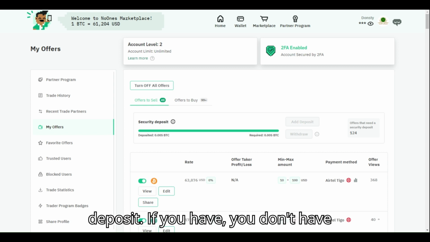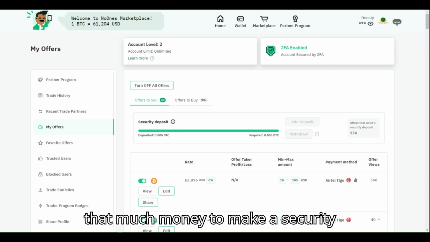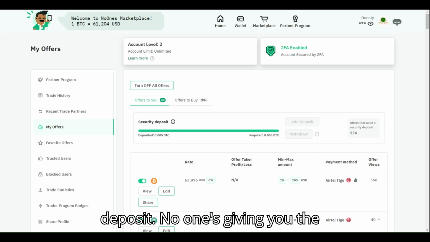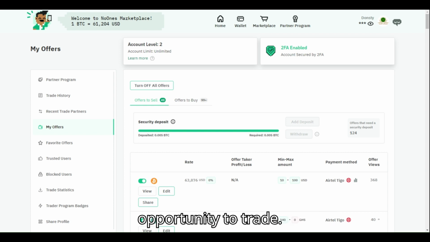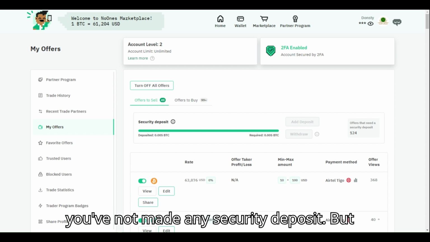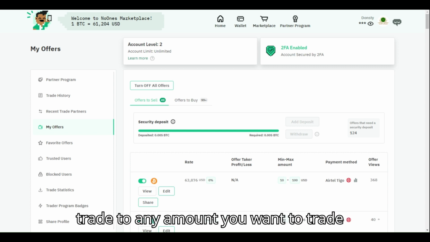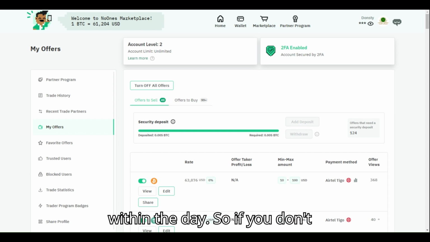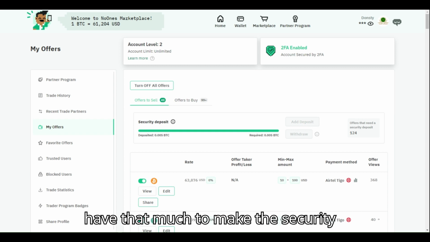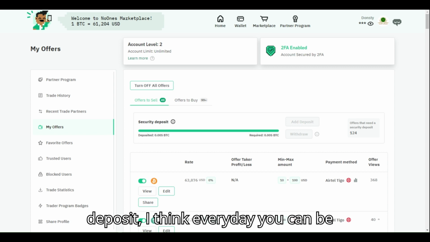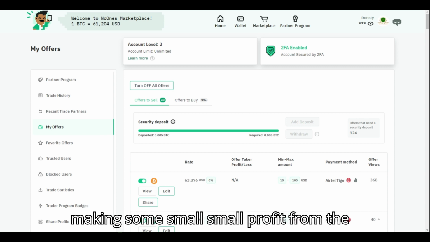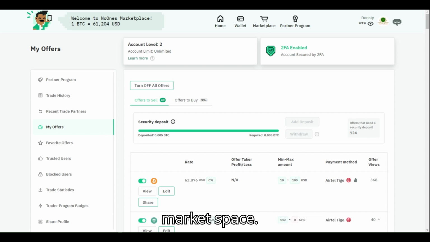If you don't have that much money to make a security deposit, no one is giving you the opportunity to trade $200 every day if you've not made any security deposit. But if you make the security deposit, you can trade any amount you want within the day. So if you don't have that much to make the security deposit, I think every day you can be making some small profit from the market space.